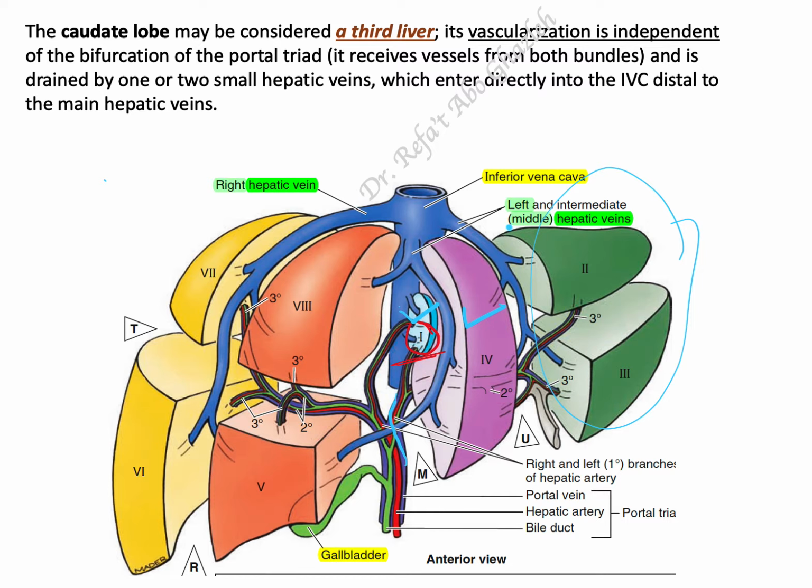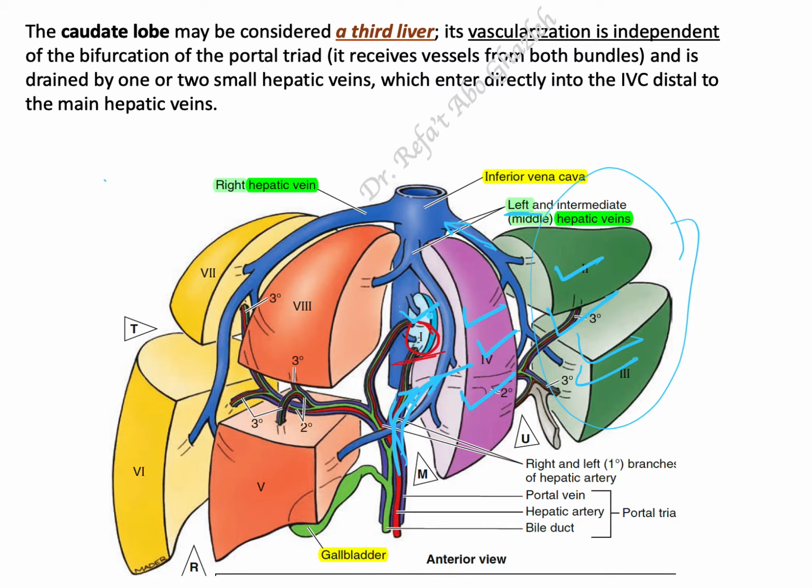If you look, the left hepatic vein drains the blood from the left lobe and quadrate lobe, and the left hepatic artery and left portal vein both supply the blood to the quadrate and left lobes.